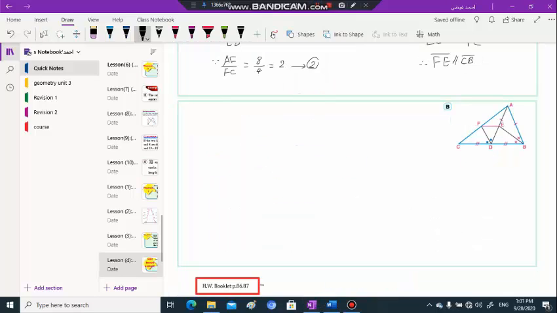In this example, we also want to prove FE is parallel to BC. We have AD is a median, so DB equals DC, and we have AB equals AD.